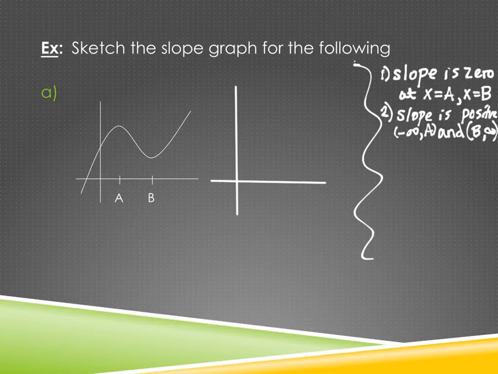So far, so good. That's the positives. And then we want to write down that the slope is negative. Where? From A to B. And that's enough. We don't have to do step 3 on this problem.